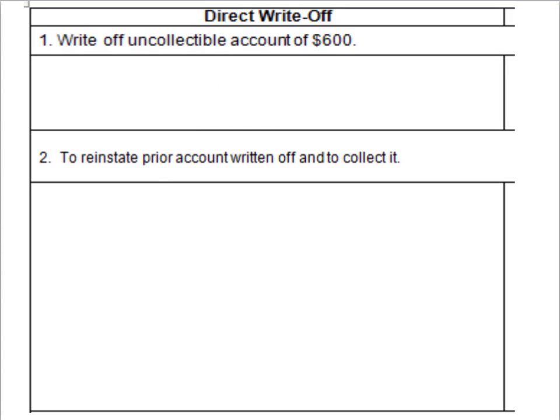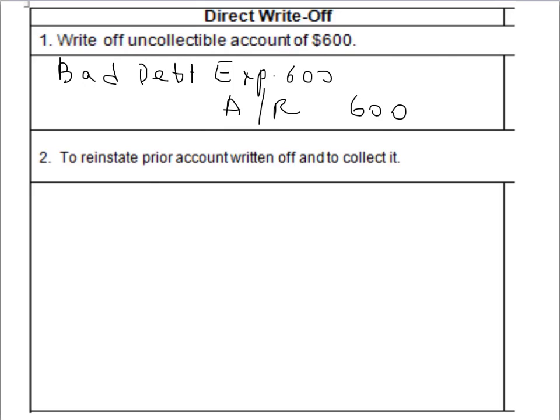Take a look at what could happen next time. I'm just going to go ahead and rewrite it because I didn't realize that bad debt expense will not be on the next slide. Accounts receivable, $600. If it so happened that the person decides later to mail in the check for $600, let's say he would like to continue a financial relationship with you and he's willing to pay off, he's in a better financial situation.